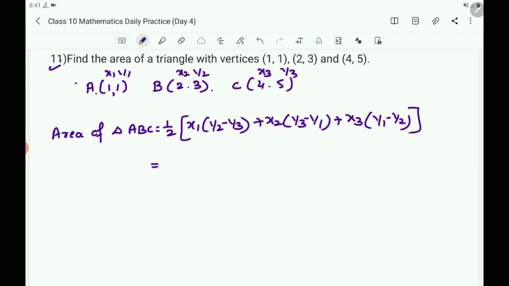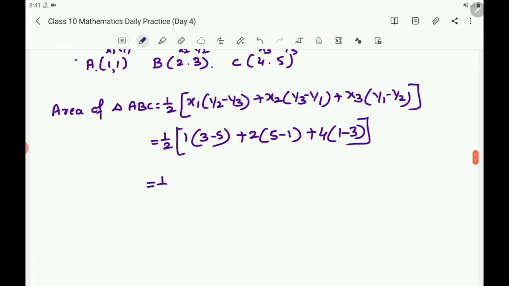Then you write 1 by 2 into x1 is 1, y2 is 3 minus y3 is 5, plus x2 is 2, y3 is 5 minus y1 is 1, plus x3 is 4, y1 is 1 minus y2 is 3.